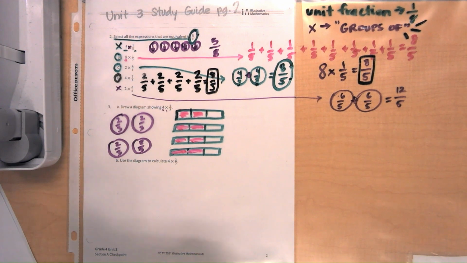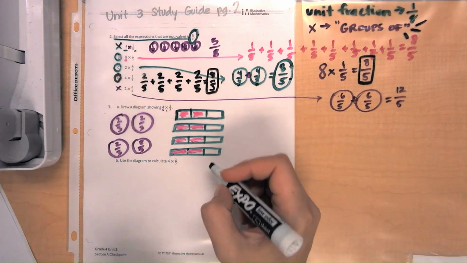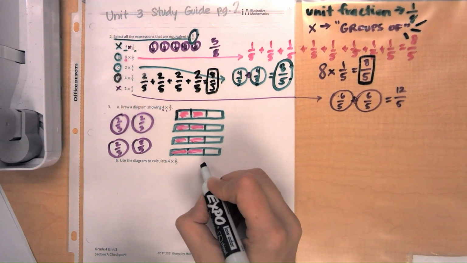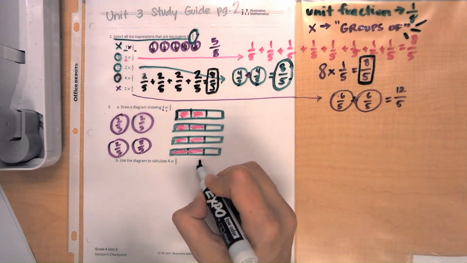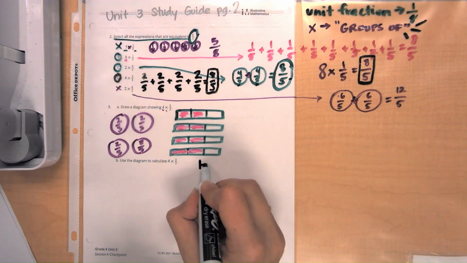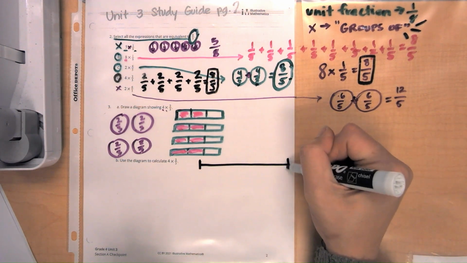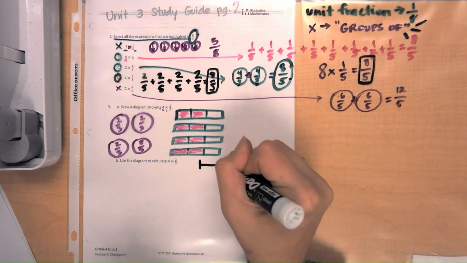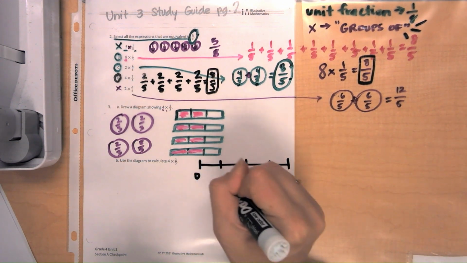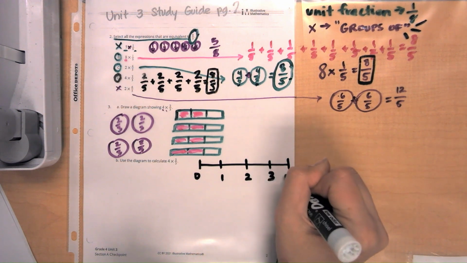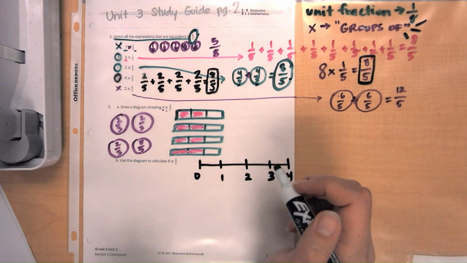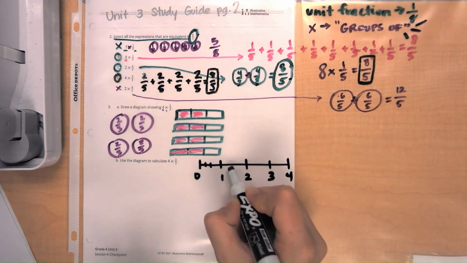We could do that. I have students this year who love a number line. We haven't had that before. And so my students might draw a number line like this: 0, 1, 2, 3, 4.